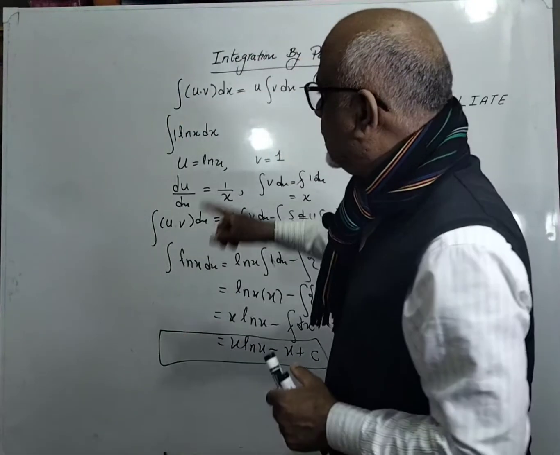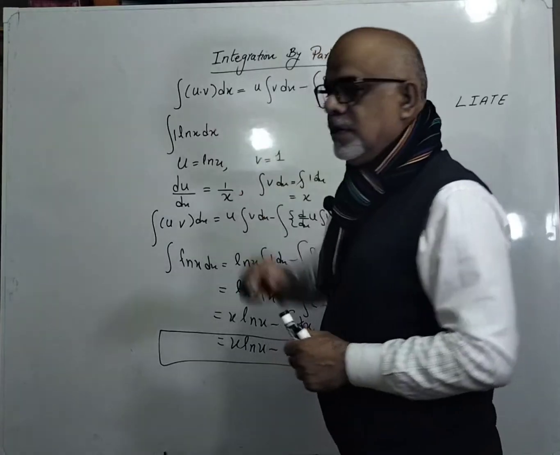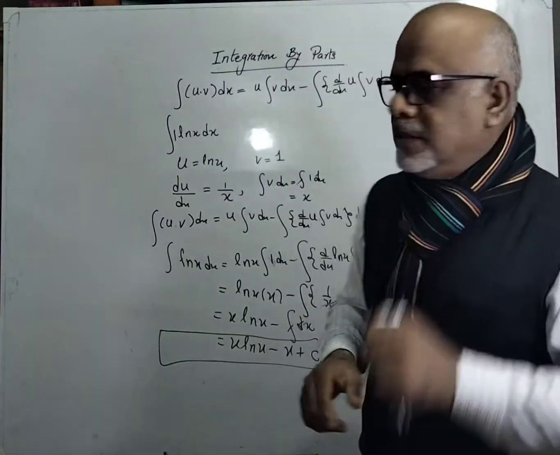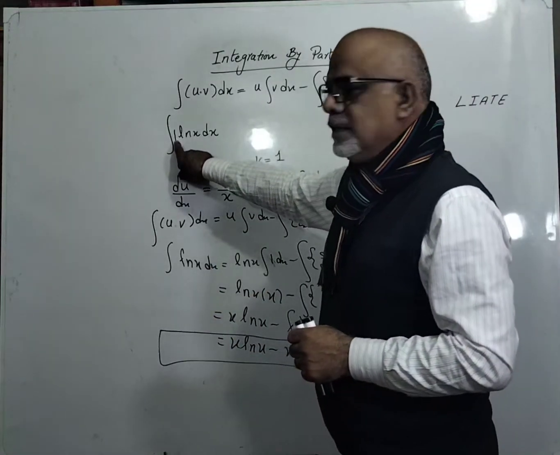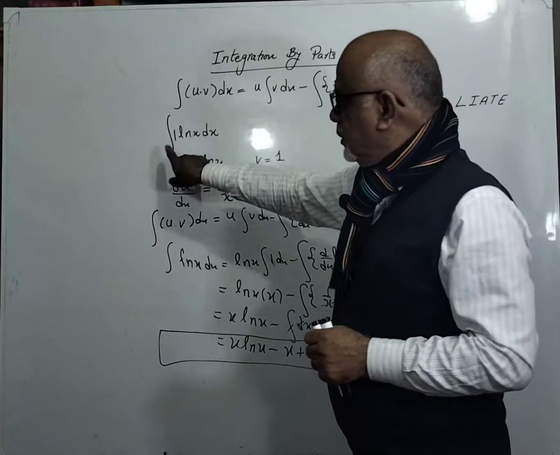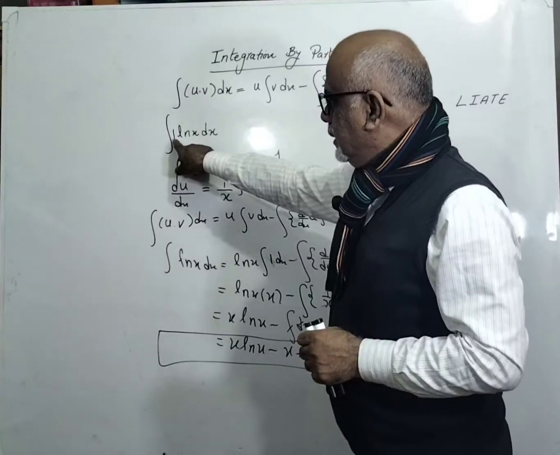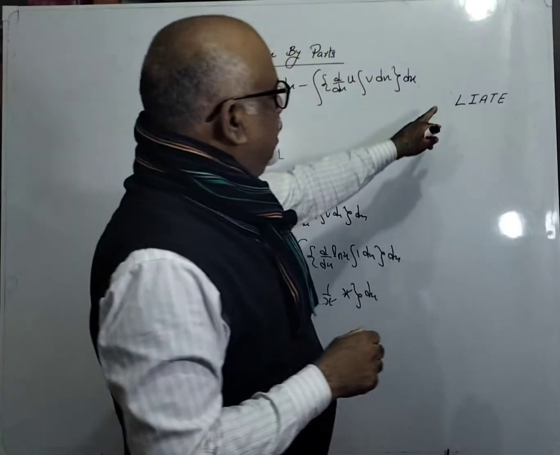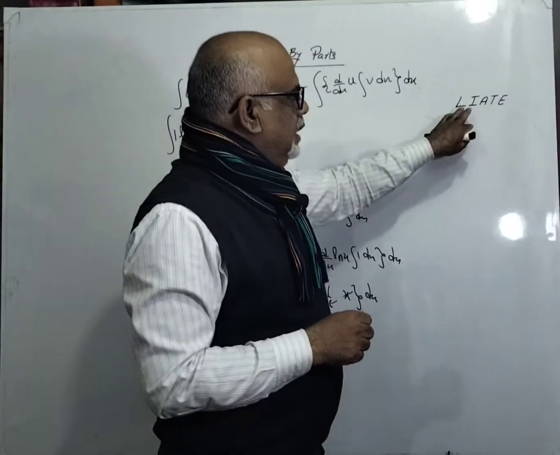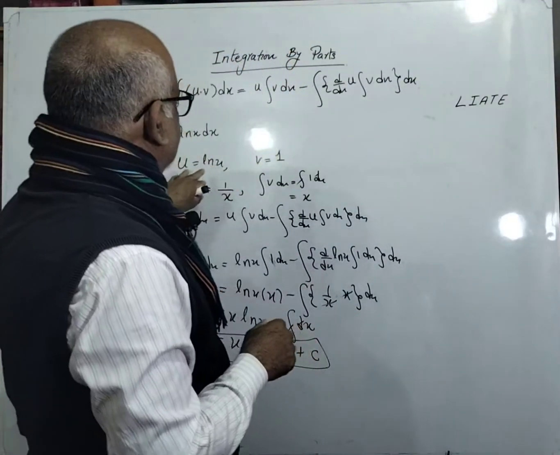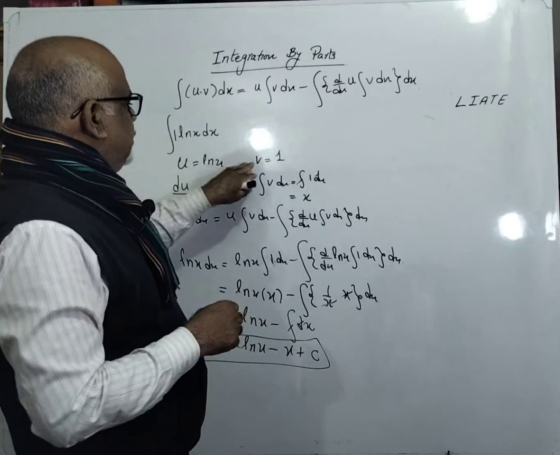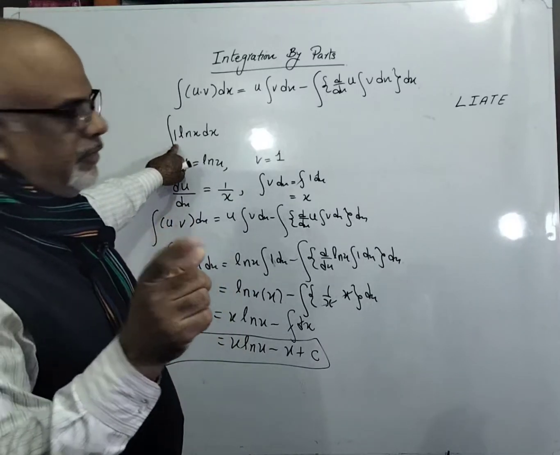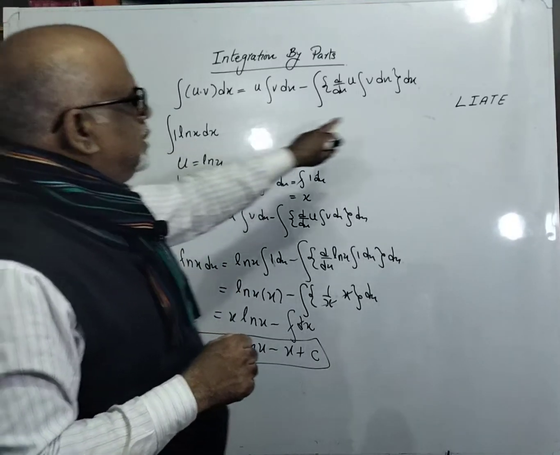Here students, we have discussed that if one function is given and we have to apply the by parts there, that means the second function will be equal to 1, that is the constant function, f of x equals 1. According to LIATE, L-I-A-T-E, we decide which function we take as u and which as v. One is an algebraic function and ln x is a logarithmic function.